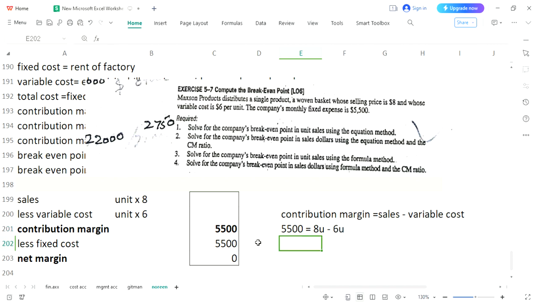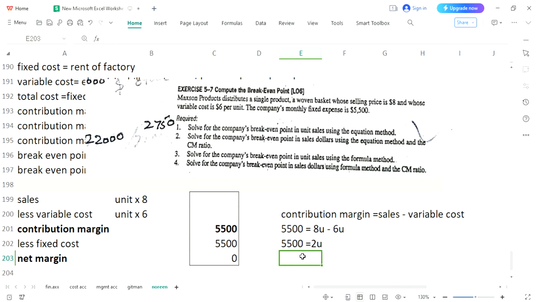Now let's proceed to the next step. 8U minus 6U. How much amount will you get? 8U minus 6U means 2U, you will get 8 minus 6. Here 2 is being multiplied by U on the right side of the equals sign. If you want to take this 2 from the right side to the left side, here it is being multiplied.